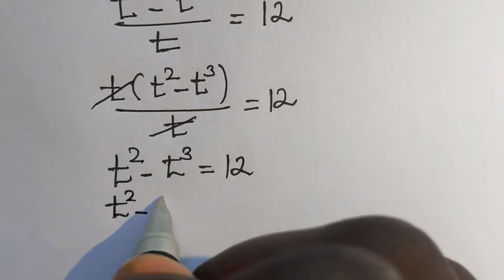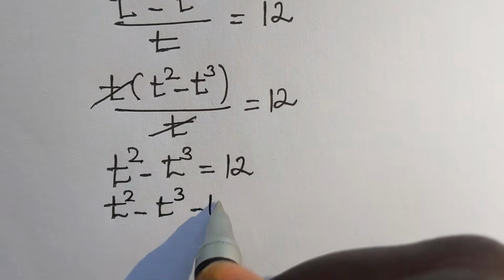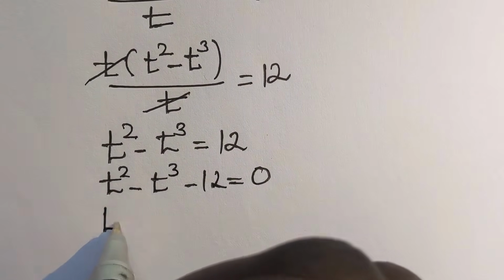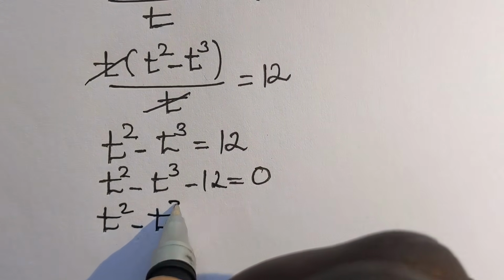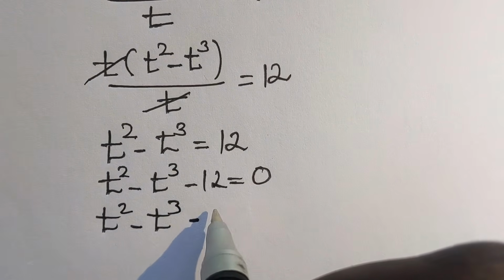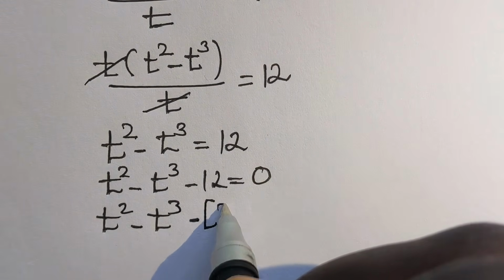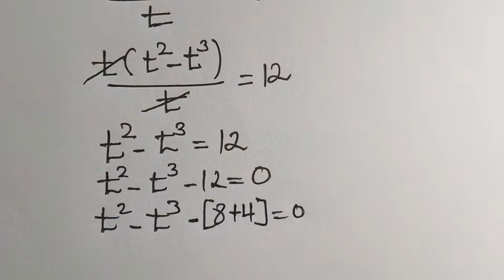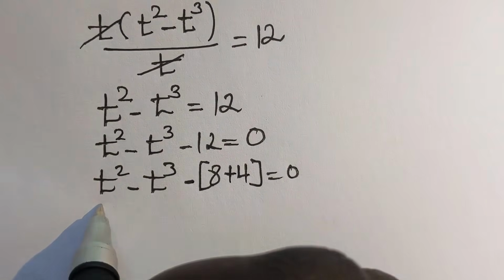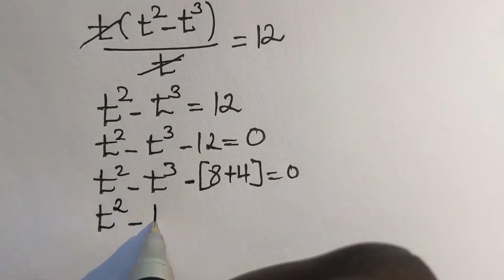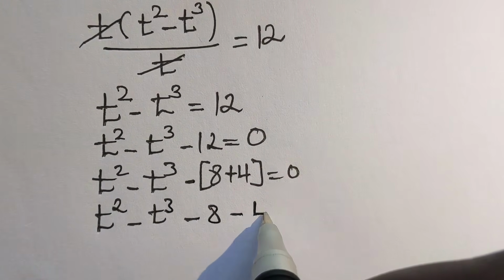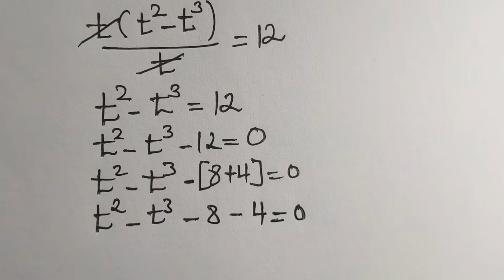T squared minus T cube minus 12 equals 0, and the 12 can be written as 8 plus 4, so that we get T squared minus T power 3 minus 8 minus 4 equals 0.